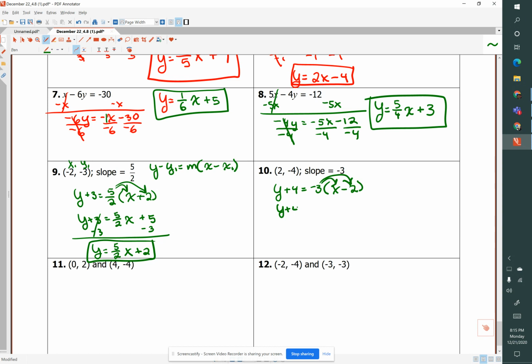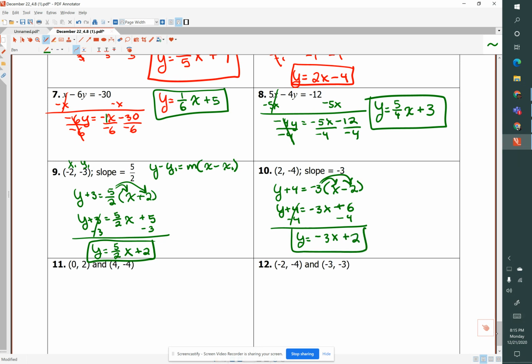Y plus 4 equals -3x plus 6. Negative times a negative is a positive. We subtract 4 from each side, and we have y equals -3x plus 2, and that's our final answer.